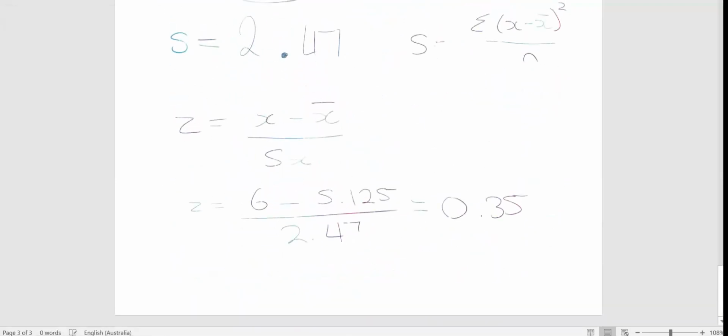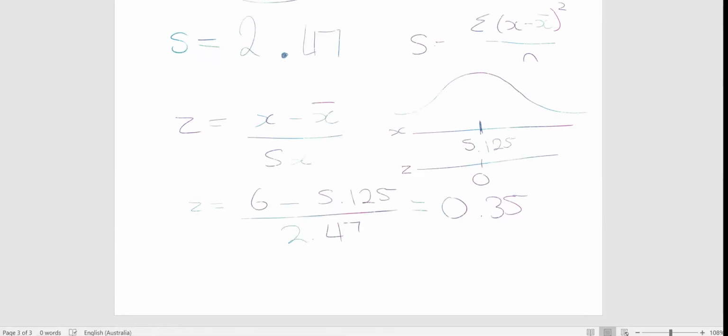Again, what does this look like graphically? If we have our x-axis, we have our normally distributed data. We had calculated our x bar to be 5.125. We have our corresponding z-axis, which we know the mean is 0.